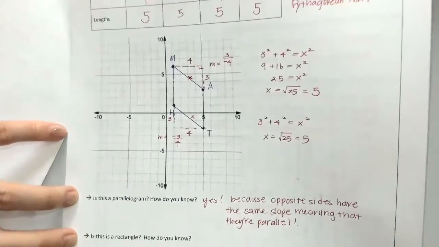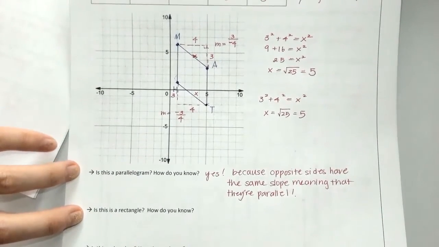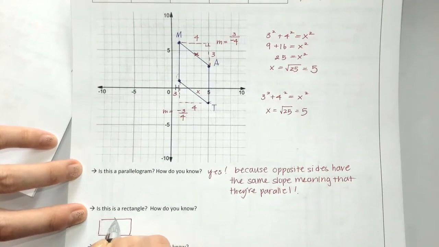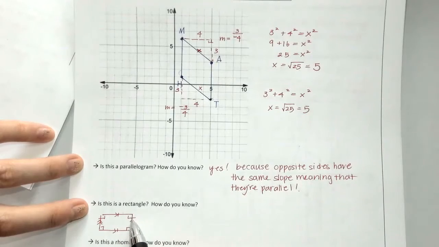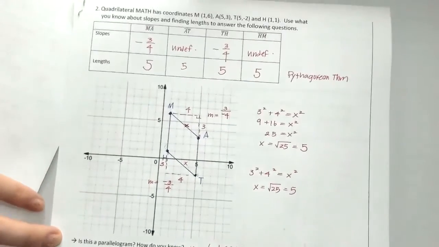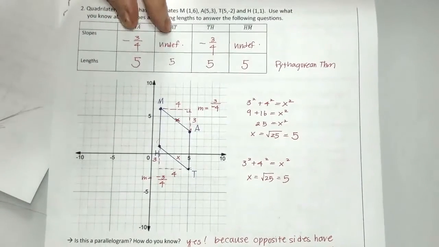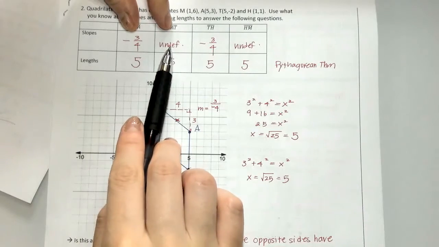Now, next part, is this a rectangle? What is a rectangle? A rectangle is when opposite sides are parallel and opposite sides are the same length, but also we need to have 90-degree angles. We need to see if the sides that are next to each other are perpendicular or not. Well, the sides that are next to each other, do they have opposite reciprocal slopes? No, they're not opposite reciprocals.